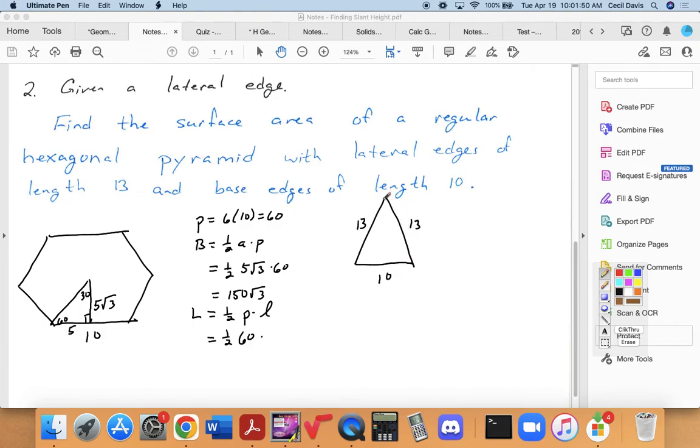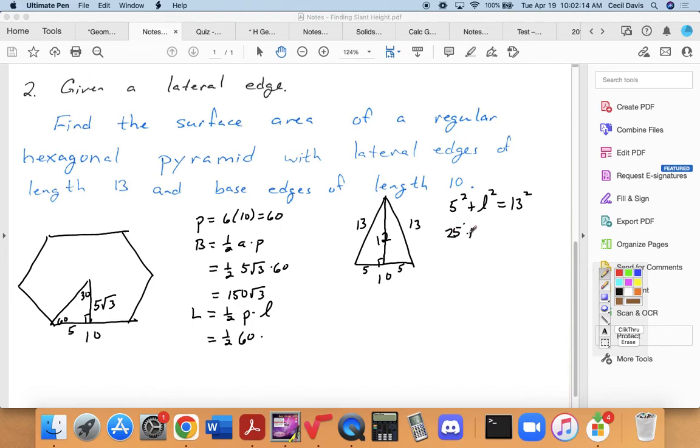And the slant height goes right down the middle of the lateral face. So each of these is 5. And some of you know this one. 12. If you don't know that, do the Pythagorean Theorem. 5 squared plus the slant height squared is equal to 13 squared.